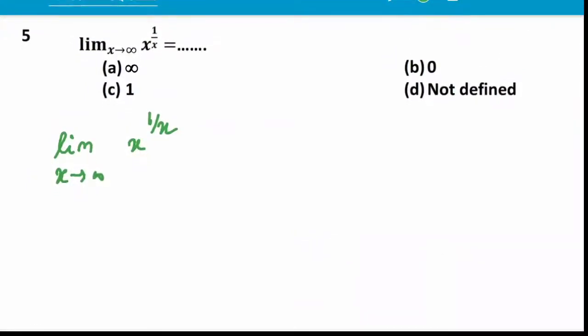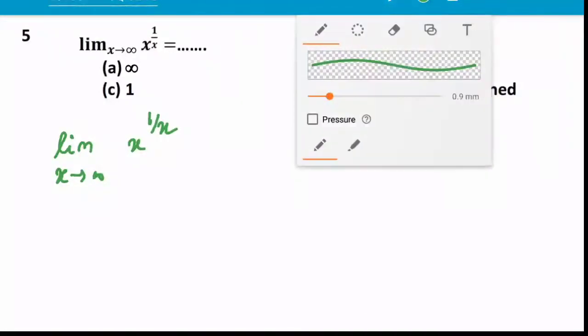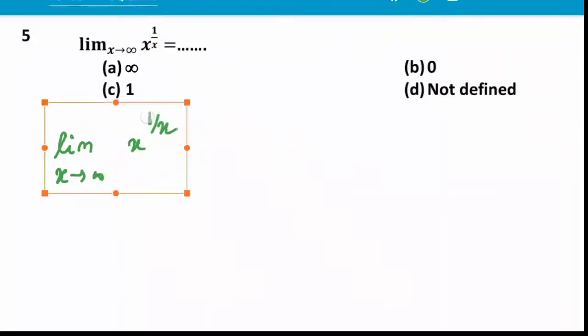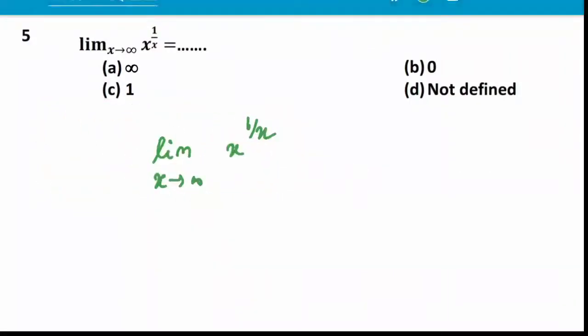So here I am taking this one to be y, y is equal to this much.